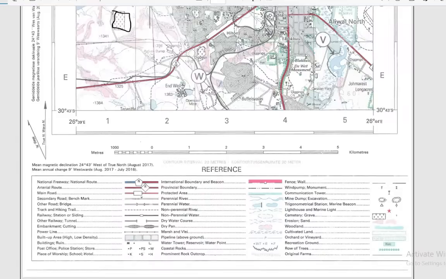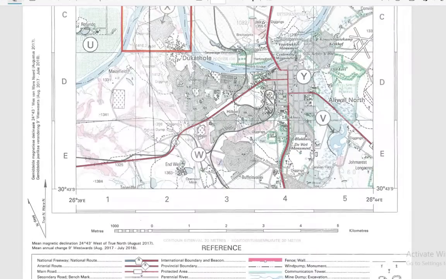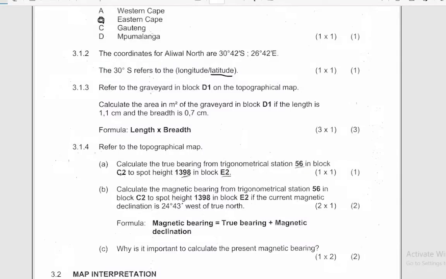A polygon feature with some crosses on it, which imply that maybe those are the graves inside that graveyard. So you are not supposed to do anything with this graveyard. It's already there and the measurements are already indicated. There was no need for you to measure anything on that graveyard. You were just supposed to do the calculations.